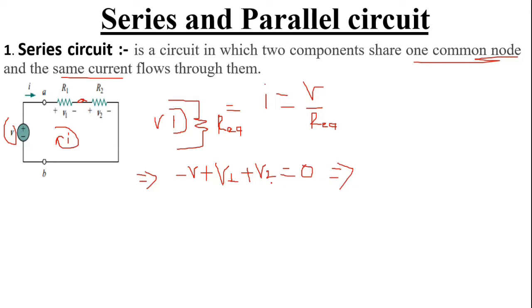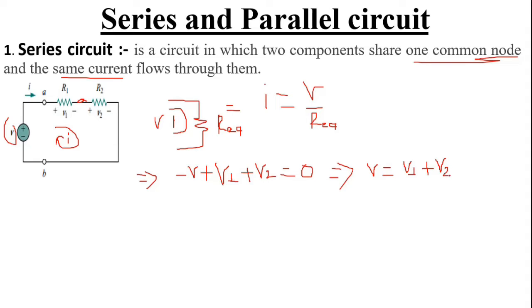If we rewrite this equation, V, the applied voltage for the circuit, equals the voltage drop across the first resistance, V1, plus the voltage drop across the second resistance, V2.